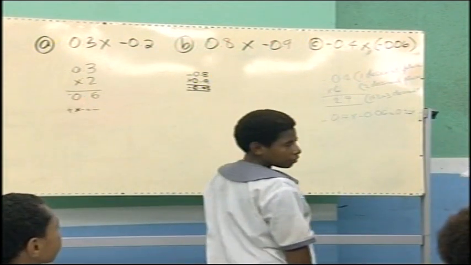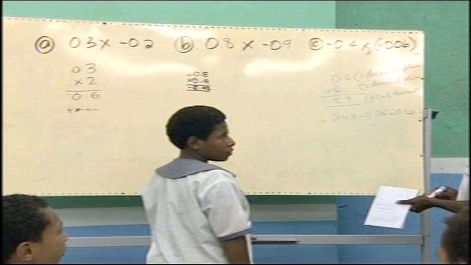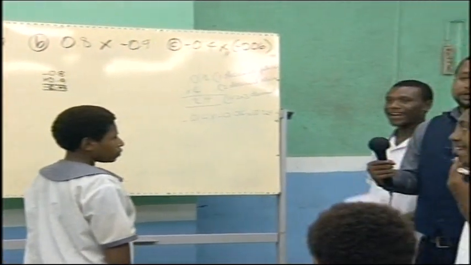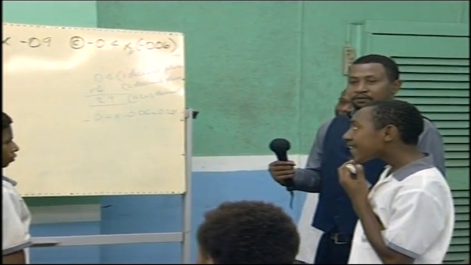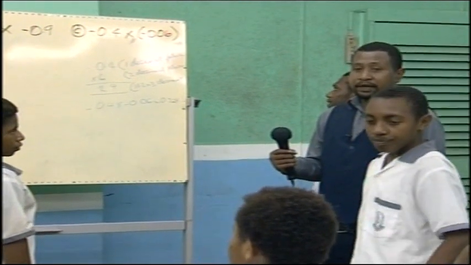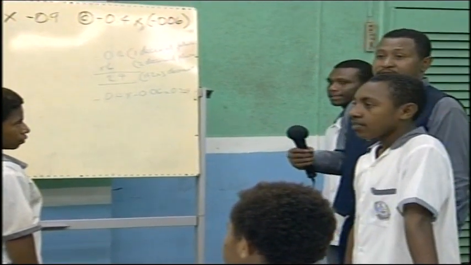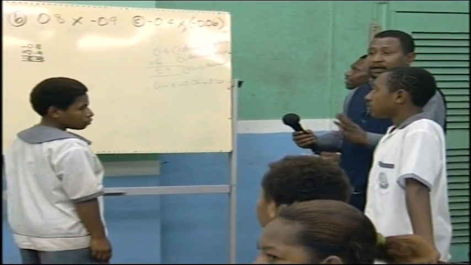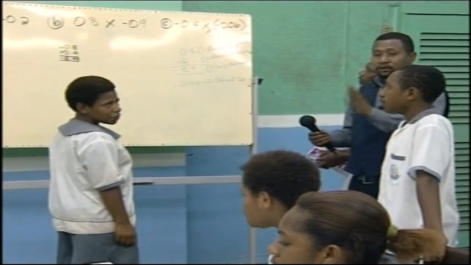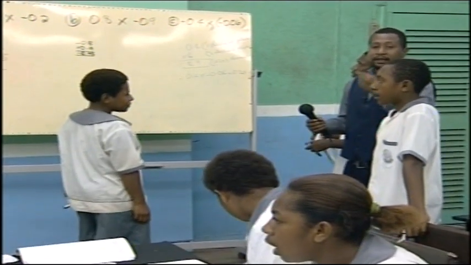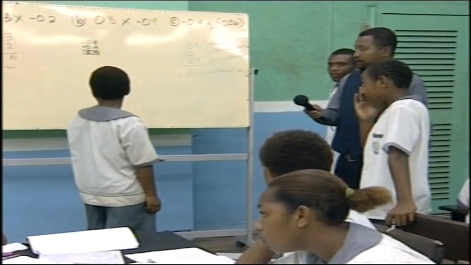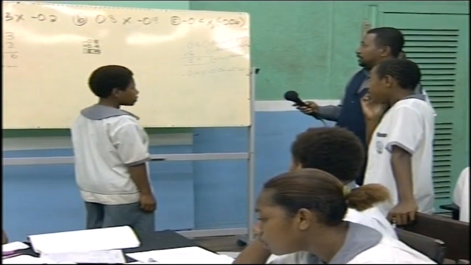Okay, let's hear from our friends their explanation on how they got the answer, and you listen carefully to the steps they followed. If you don't agree with them, after their presentation, you can explain where they went wrong. You compare their work with your work, and you try and identify the steps that they missed or didn't follow. Okay, we'll start with exercise A.